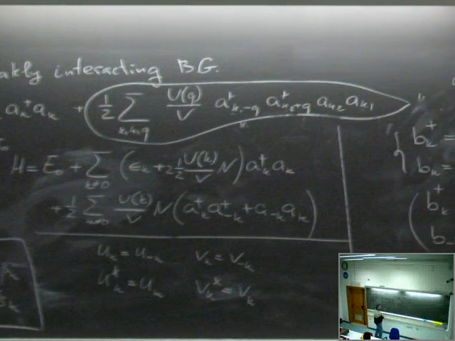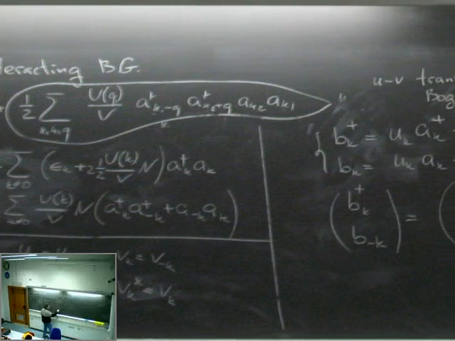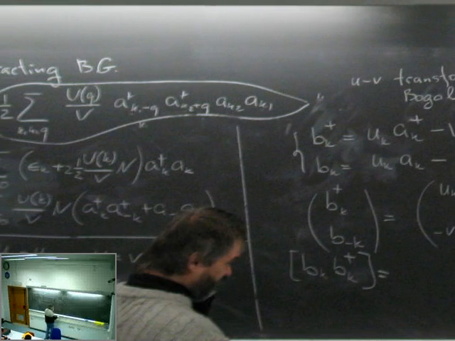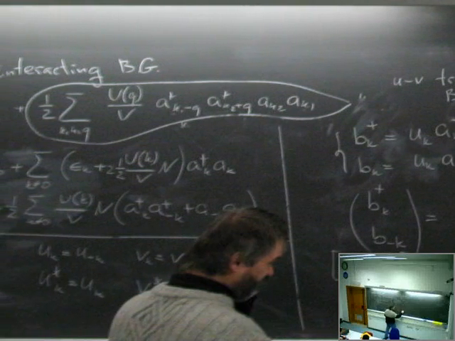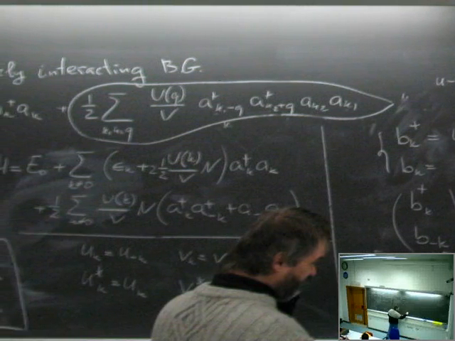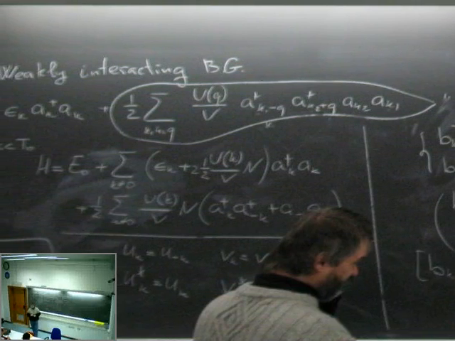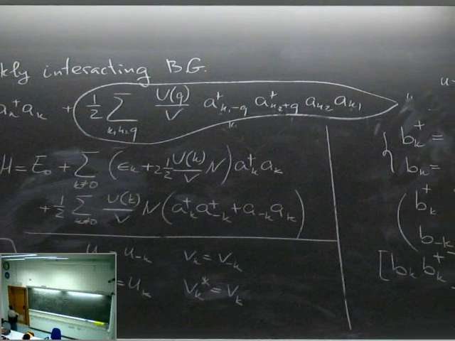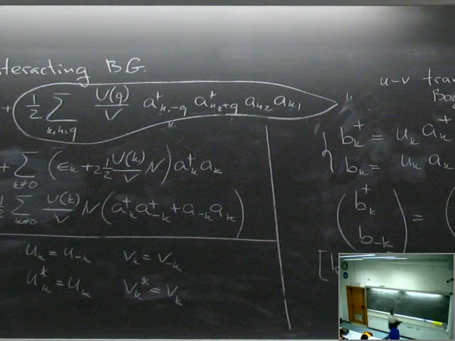Therefore, I will request that the commutator of b_k with b_k dagger, which is b_k b_k dagger minus b_k dagger b_k, is equal to 1. From this condition, I will find some additional condition for U and V. Let's do it.